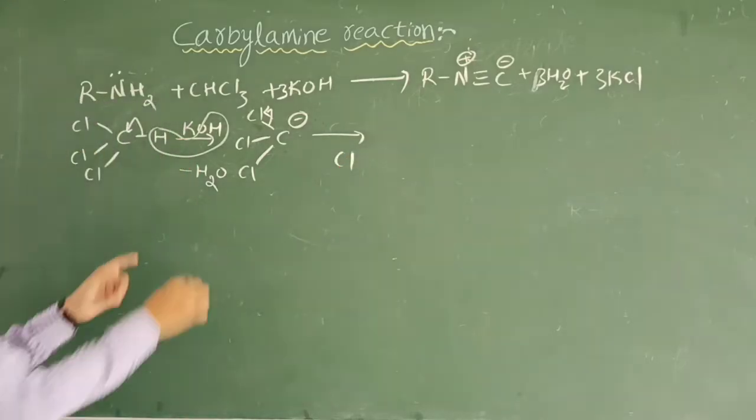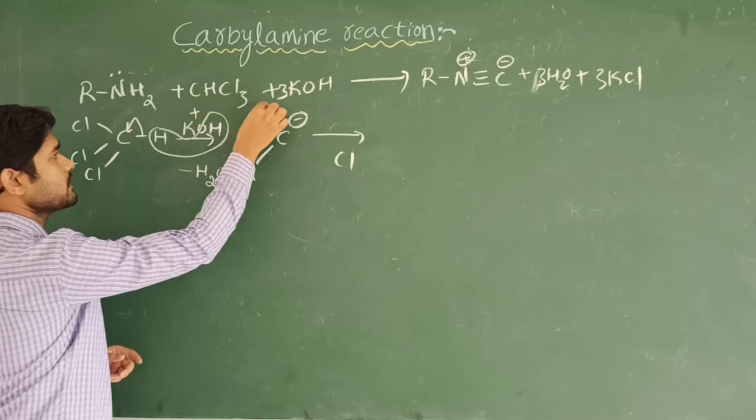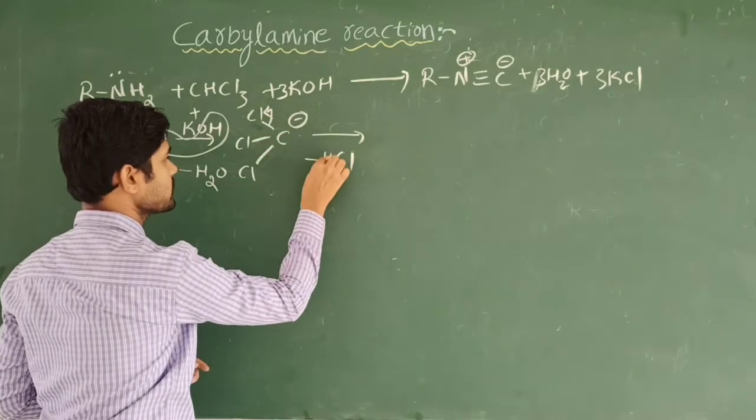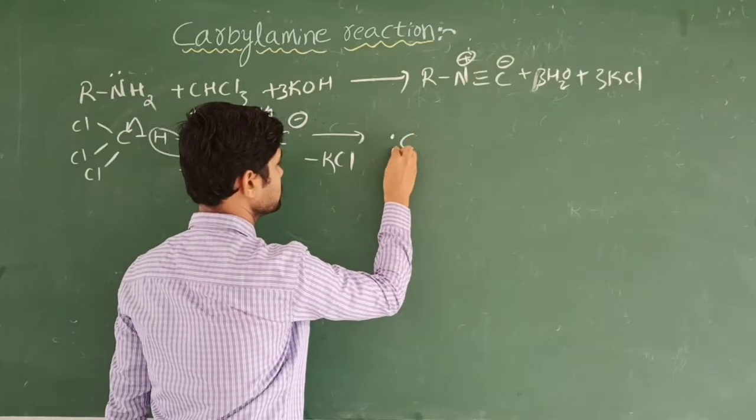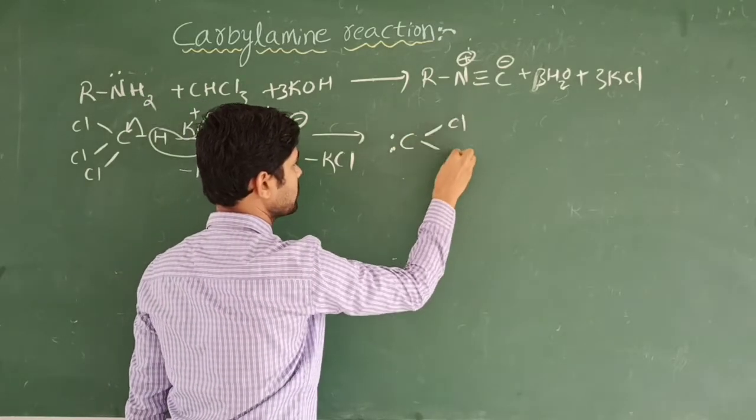Along with K plus, this is written as KCl. Now it is done, and the remaining part I am going to write like this.